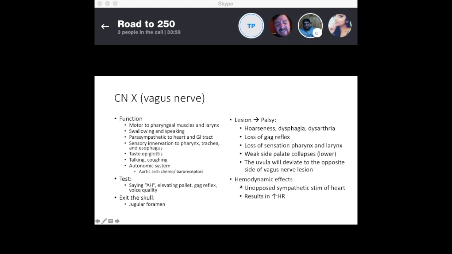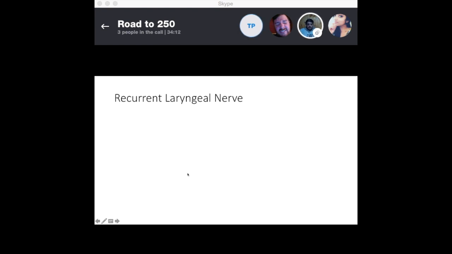This one also has a hemodynamic effect. Basically, it's unopposed sympathetic stimulation of the heart, which results in increased blood pressure because of the aortic arch chemo and baroreceptors. The recurrent laryngeal nerve is a branch of the vagus nerve and ascends towards the larynx between the trachea and the esophagus.